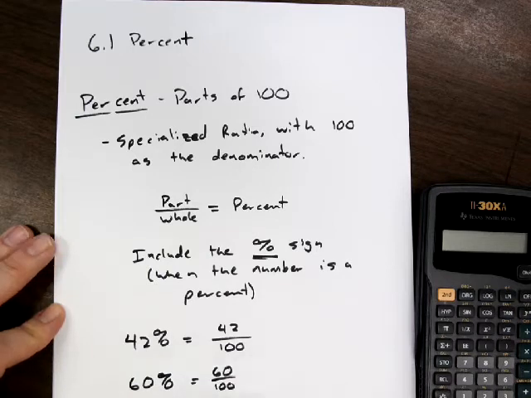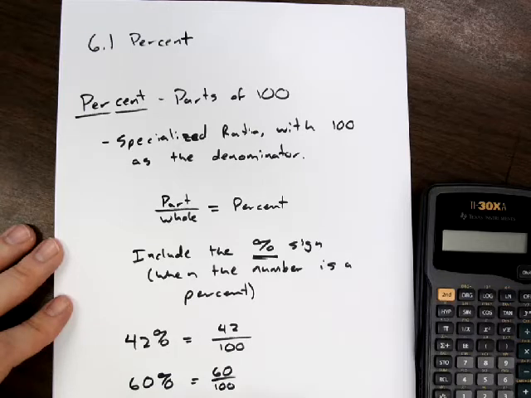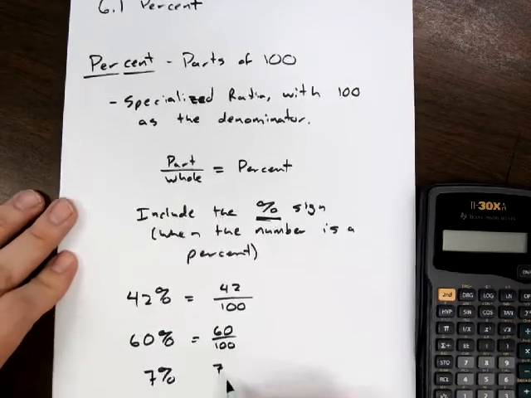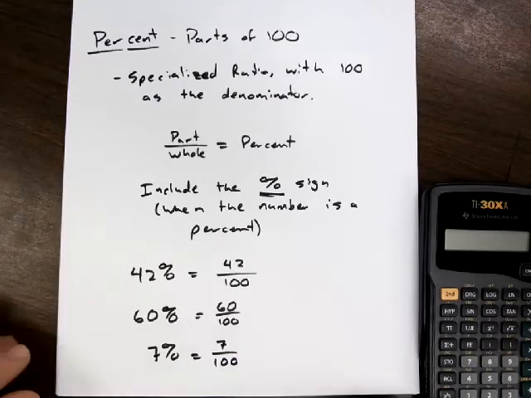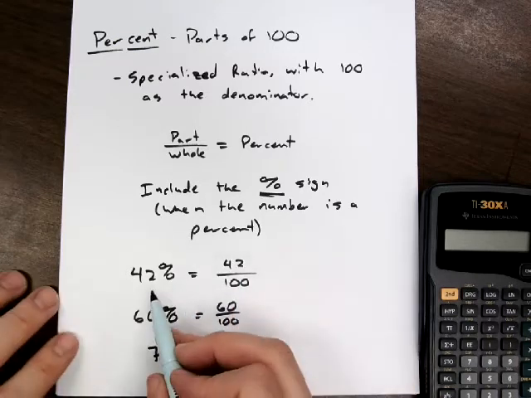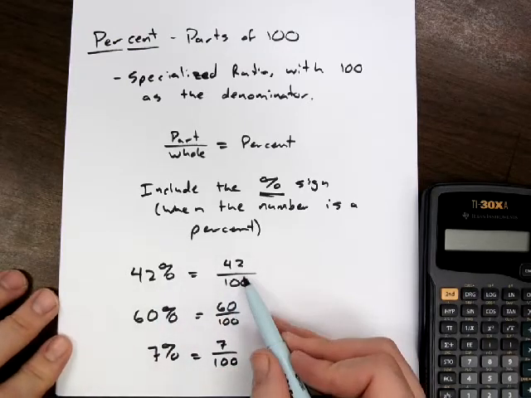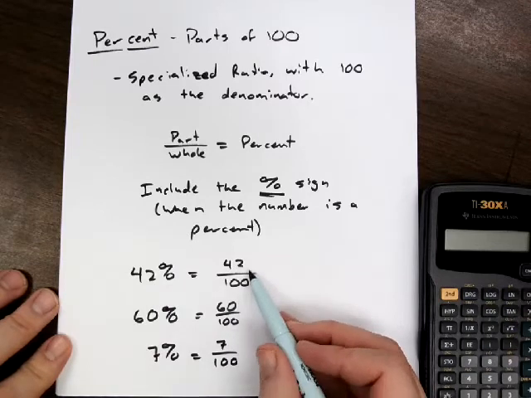Or say 7%, and that's just 7 out of 100. So it's pretty easy to see how this works out. What that percentage basically means is you've got some sort of ratio.